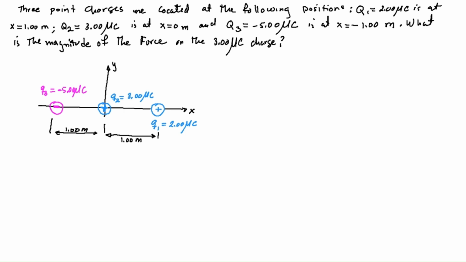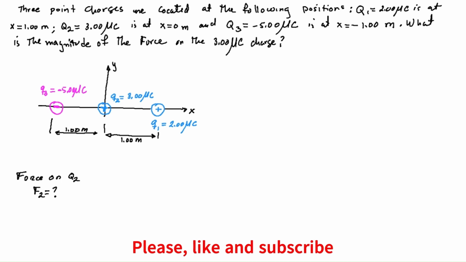Well, the question now is that we have to find the magnitude of the force on the charge of 3 microcoulombs, so the force on q sub 2. The unknown here is the force on charge q sub 2 that I will call force 2, as a resultant. So what is the analysis here? The force on the charge Q2 due to the charge Q1 will be a force of repulsion. So this force will be like this.